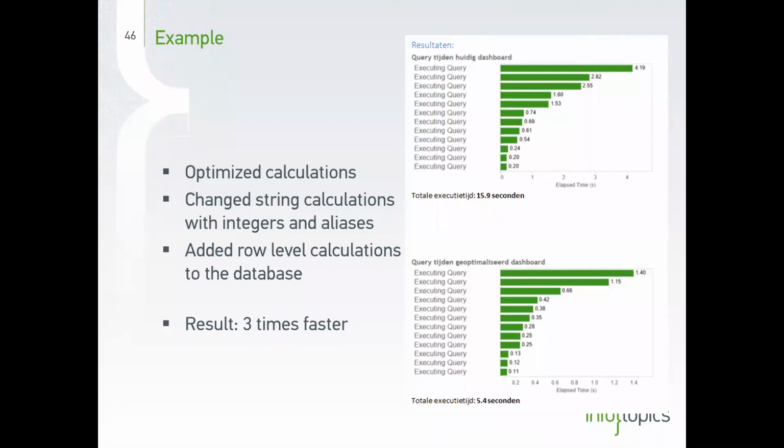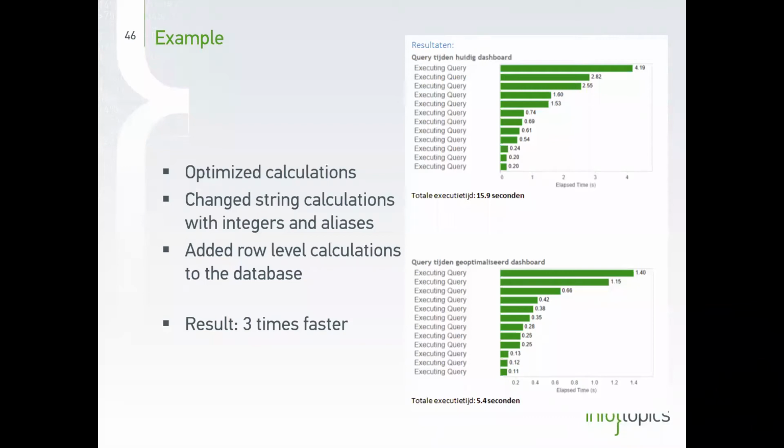In total, it was 15 seconds of execution. And we changed the string calculations to integers. We shuffled a bunch of calculations back to the database. We said, okay, just calculate it there already before we do it in Tableau. And with only those 2 optimizations, we managed to get the dashboard's execution time back to 5 seconds. So 3 times faster with just 2 optimizations.